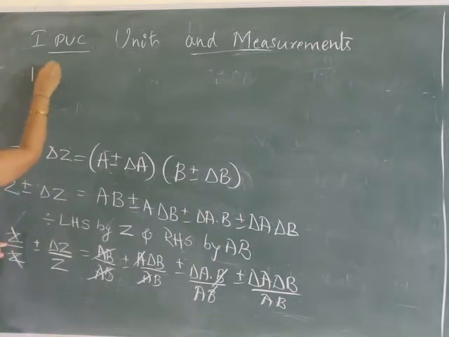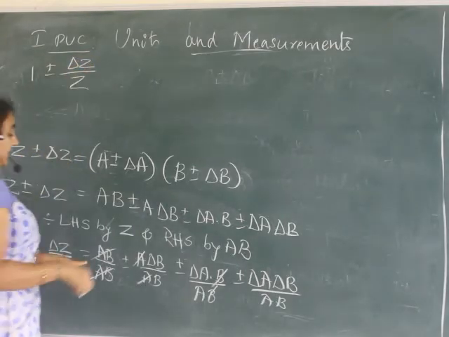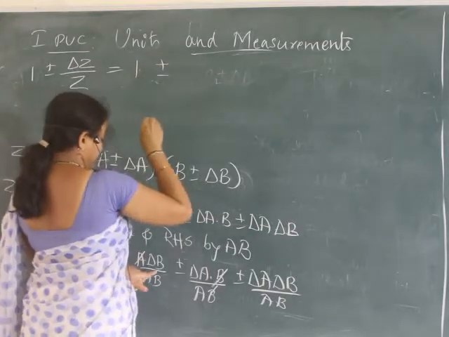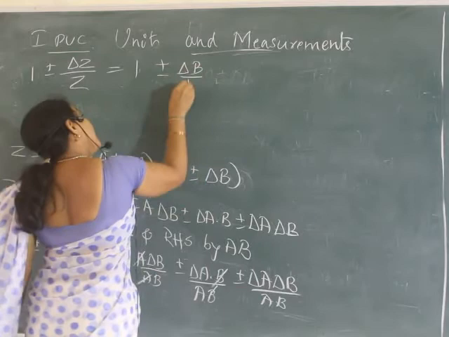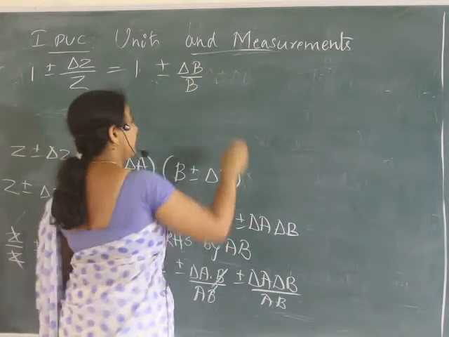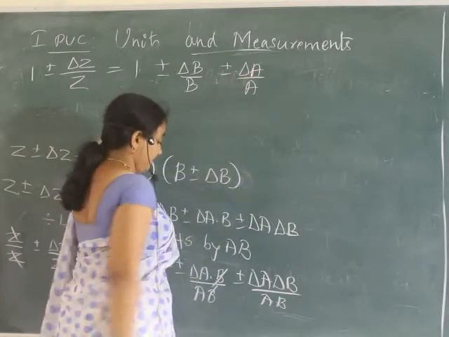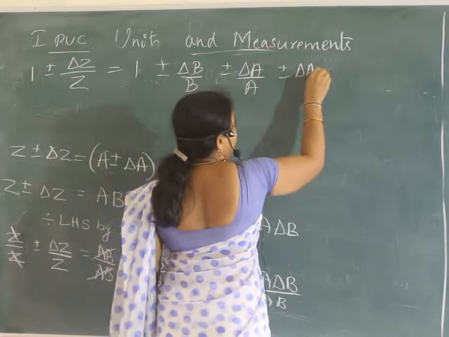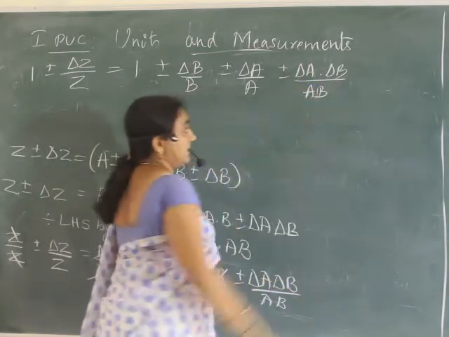1 plus or minus delta Z by Z equals 1 plus or minus delta B by B plus or minus delta A by A plus or minus delta A into delta B divided by AB.